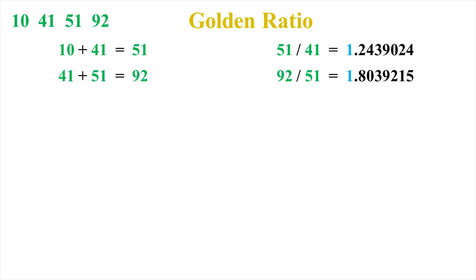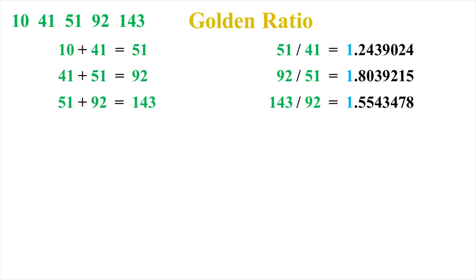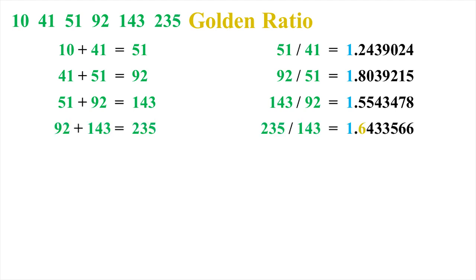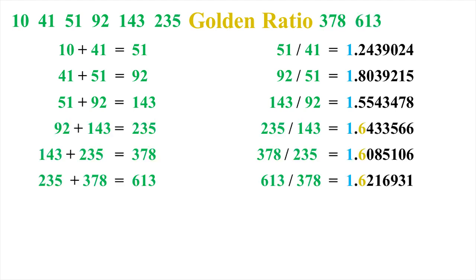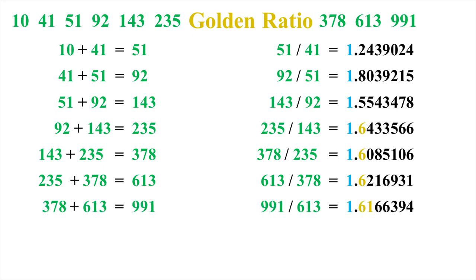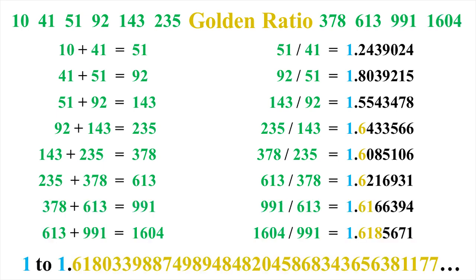I'm doing the same thing that I did on the Fibonacci series. You notice you take the last two and add them together to get the next number. And notice that it's zeroing in on 1.62, 1.61, 1.618, and you can continue on. It doesn't matter what two numbers you start with. If you follow this pattern, it will generate the golden ratio. Very nice. We just happen to start with 0 and 1.